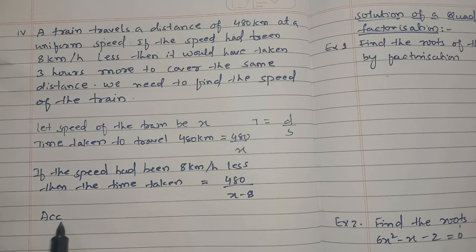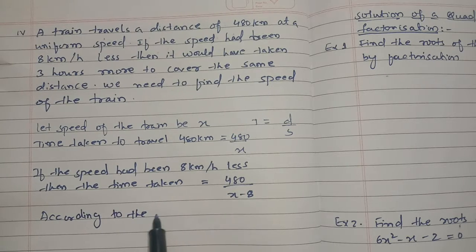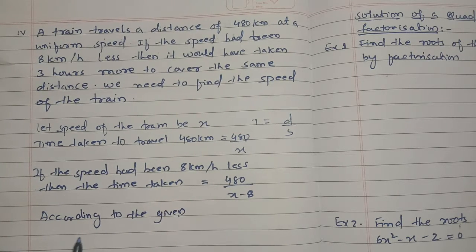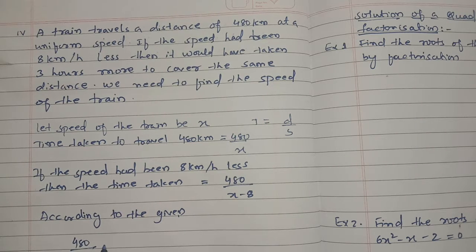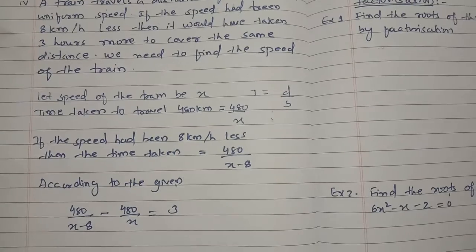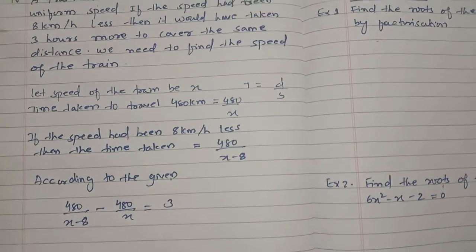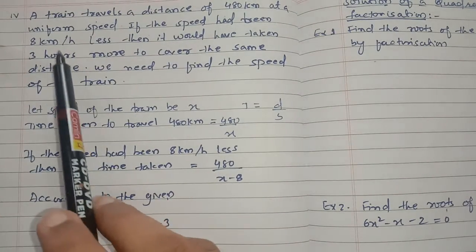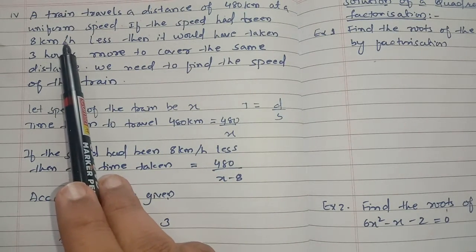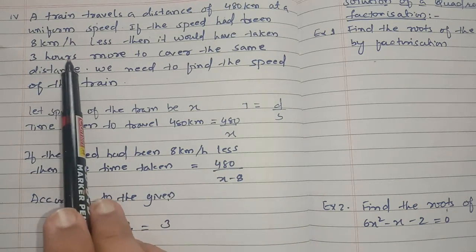Now I will write according to the given. I can write 480 divided by x minus 8 minus 480 divided by x is equal to 3. This is important. Why are we getting 3 here? It is given in the question: if the speed is 8 km per hour less, it would have taken 3 hours more.